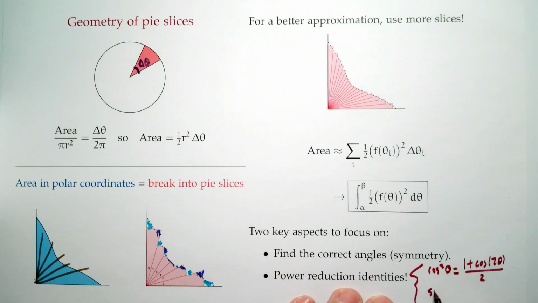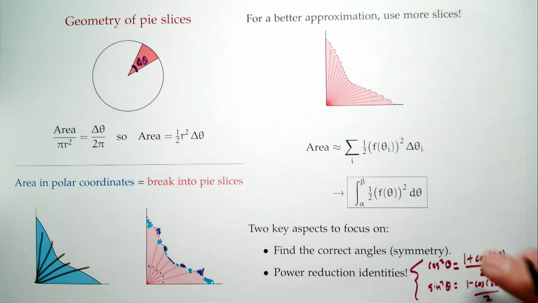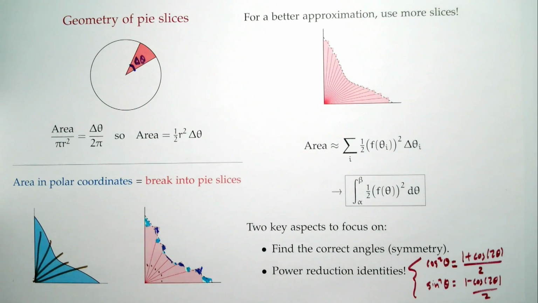Okay, sine squared theta. 1 minus cosine 2 theta over 2. And those are the two important ones. Now, of course, you can do things like sine theta times cosine theta is sine of 2 theta over 2. Know that secant squared is tangent squared plus 1. Sine squared plus cosine squared equals 1. And hopefully we know all of these.